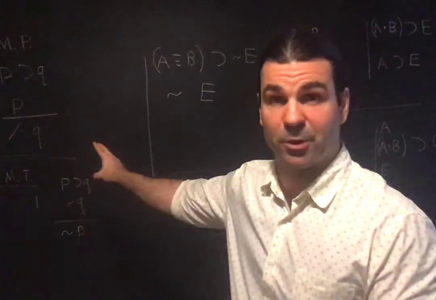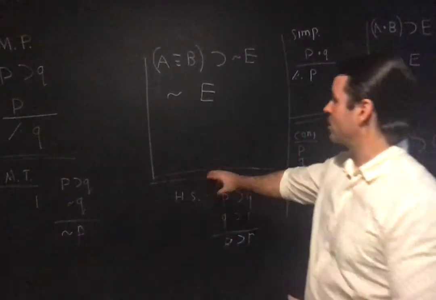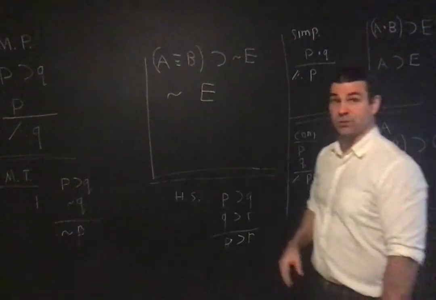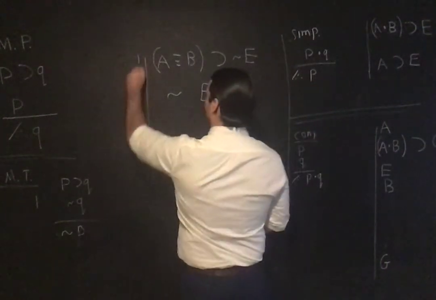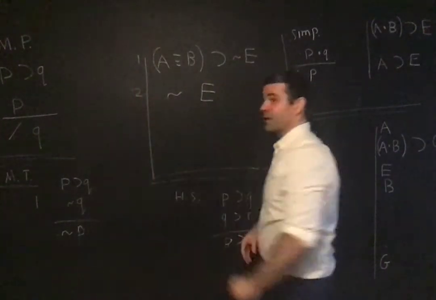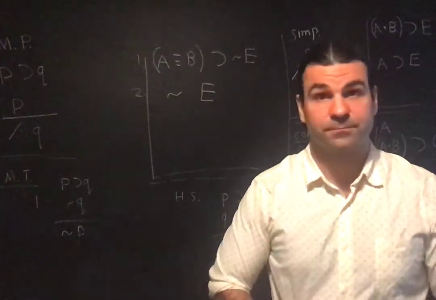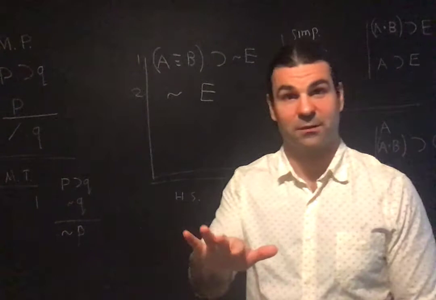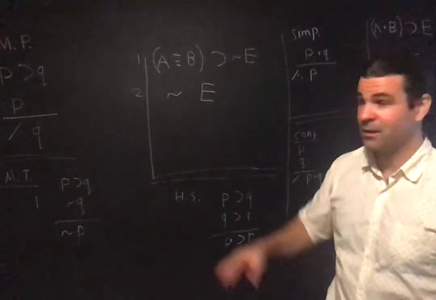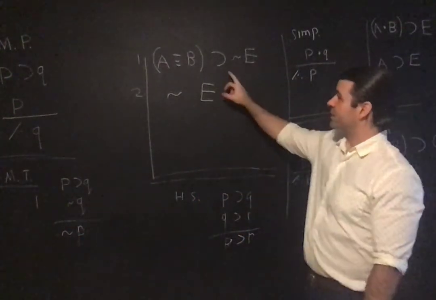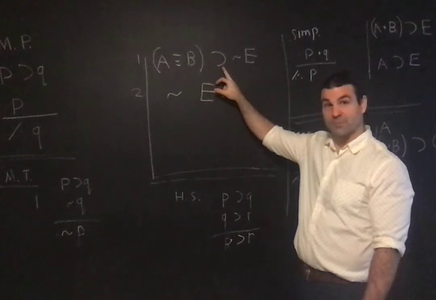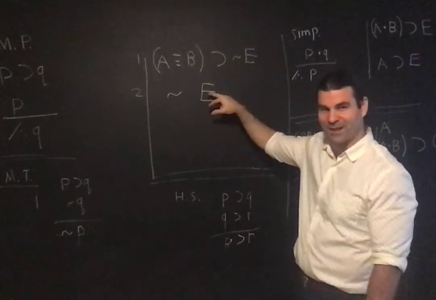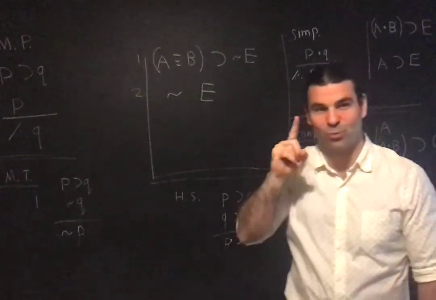Just thinking about modus ponens and modus tollens, if you were given just these two premises in an actual proof, 1, 2, can I use either of these rules? And if so, which one? Try pausing and answering. What have I got? Well, I've got a conditional. What else do I have? This is where rigor gets important.